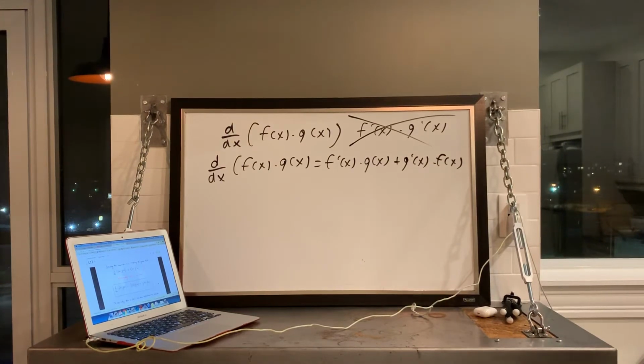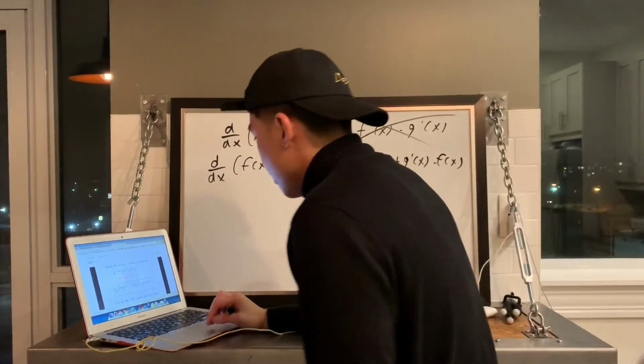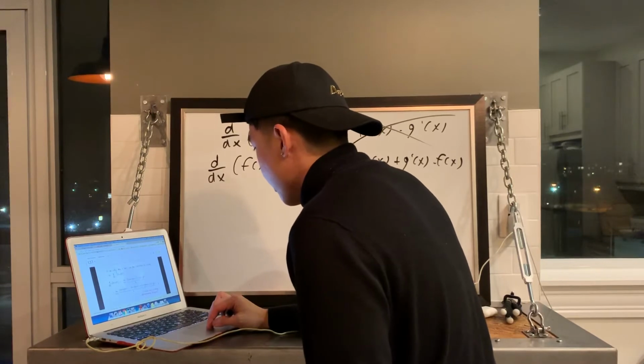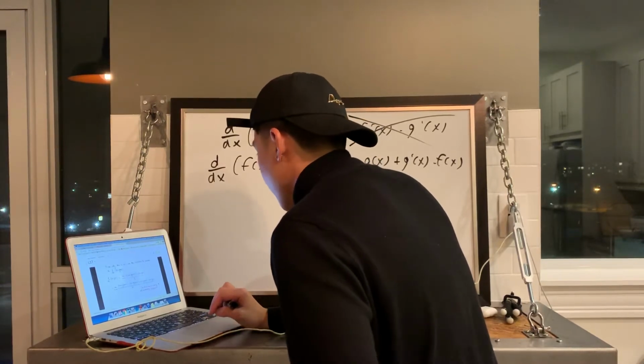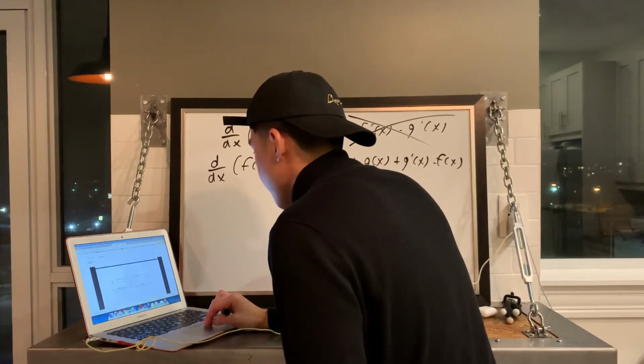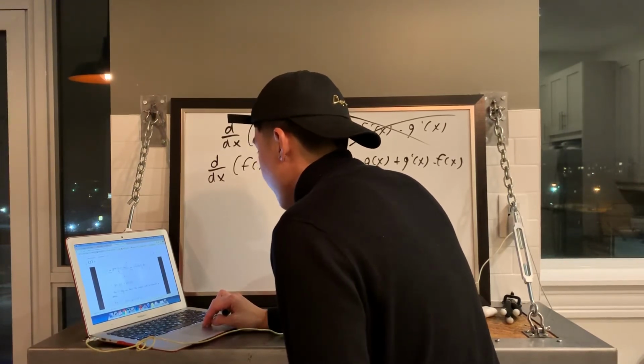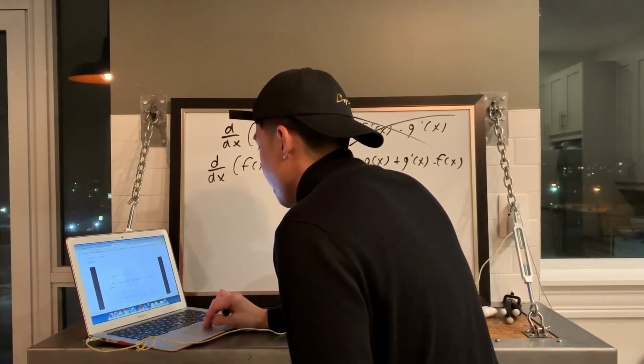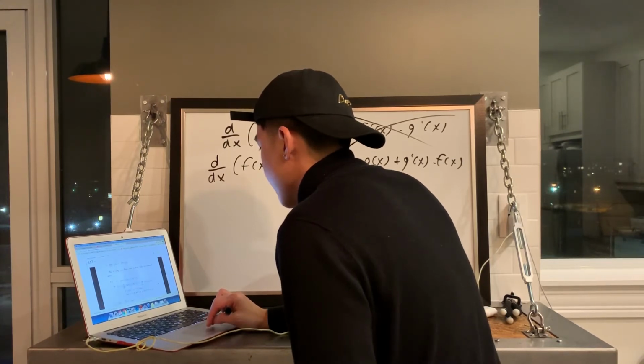That's actually tangible. So that's what we call the product rule. And you can prove it if you want through basically the definition of derivative. But that's like a mission and a half, and we'll kind of get over that.